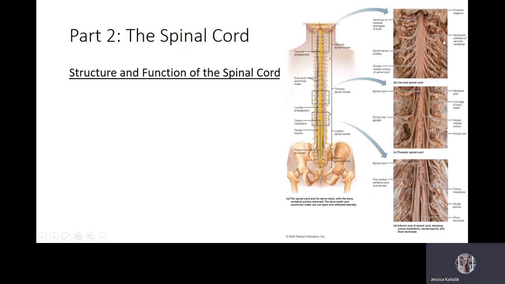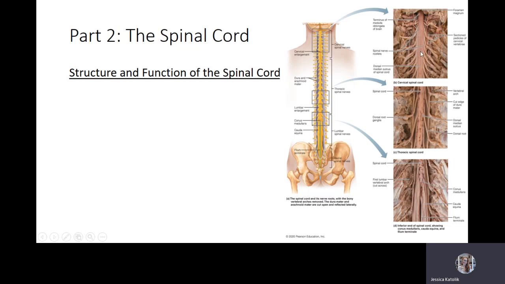The top part over here shows the cervical portion of the spinal cord, and you can see that the spinal cord comes from the foramen magnum, the largest hole of our skull, and connects directly to the medulla oblongata.